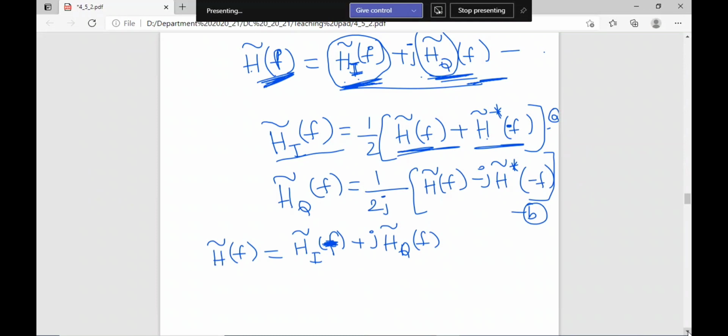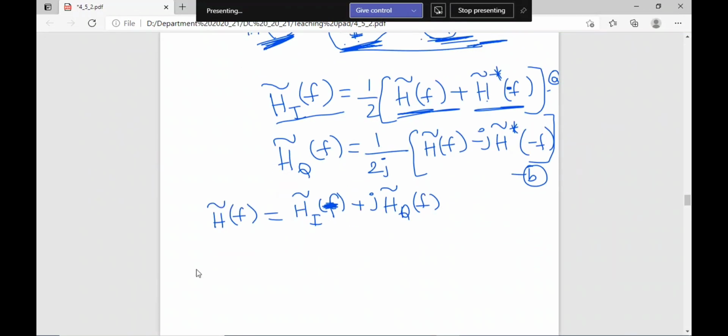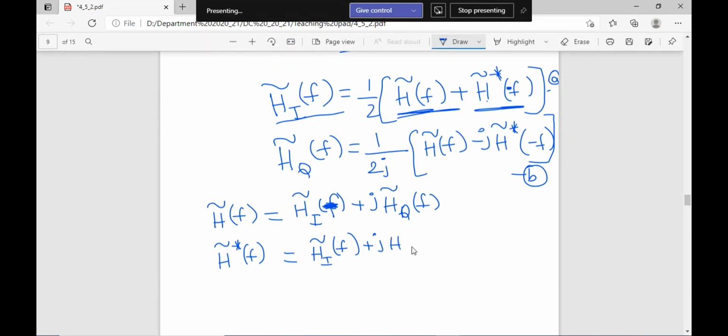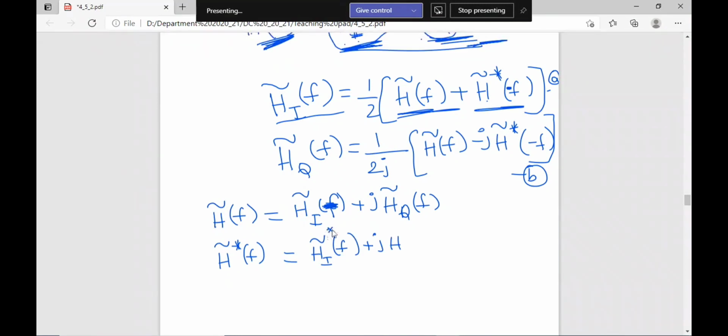Okay, so now what I want, first I'll take star of f. Okay, so it will become... I have applied conjugate.